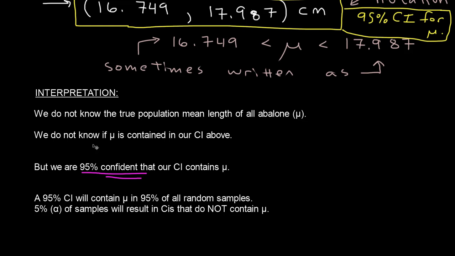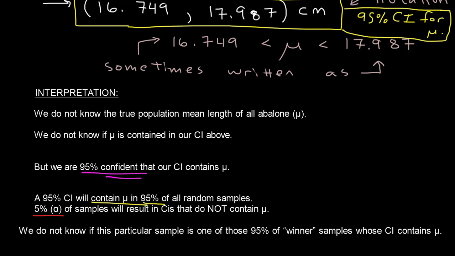And if we collected all of those samples and computed the sample mean for each along with its confidence interval, then 95% of those random samples will contain mu. But a small percentage, hey, check that out, isn't that alpha? Will not contain mu. This sample data came from just one of those many samples that exist.